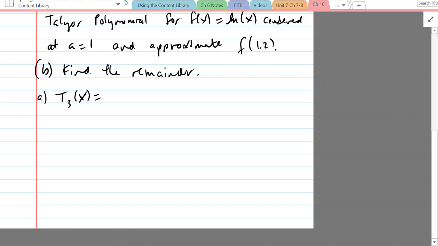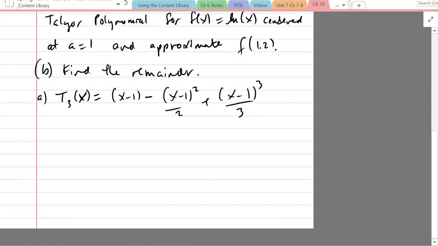It equals x minus 1 minus (x minus 1) squared over 2 plus (x minus 1) cubed over 3. All right.